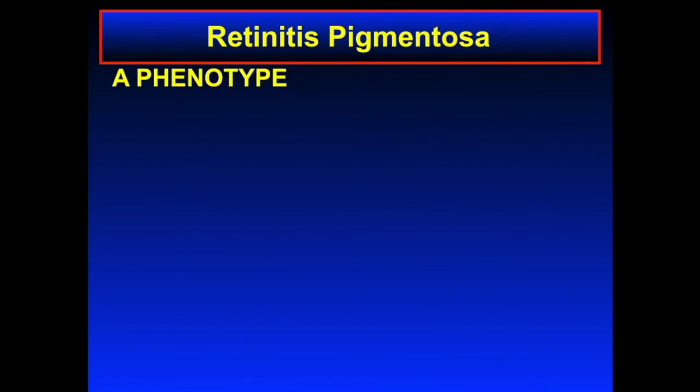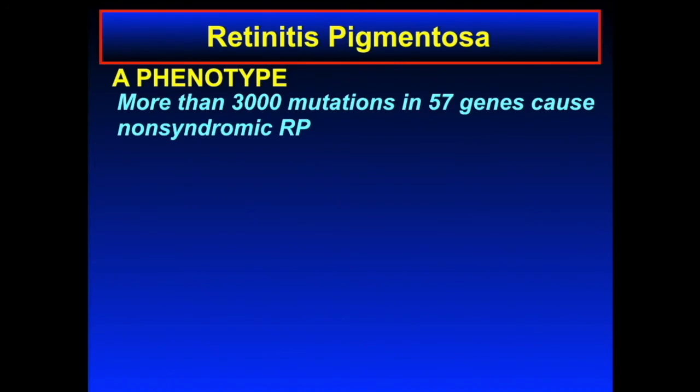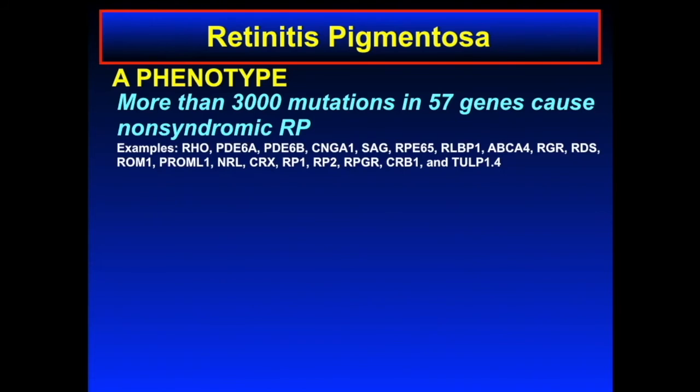So, as we said before, retinitis pigmentosa is a phenotype. More than 3,000 mutations in 57 genes cause non-syndromic RP. There is also retinitis pigmentosa associated with systemic syndromes. Here are some of the different genes that are involved.